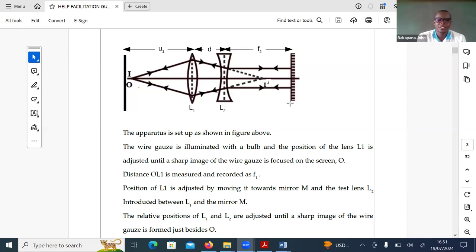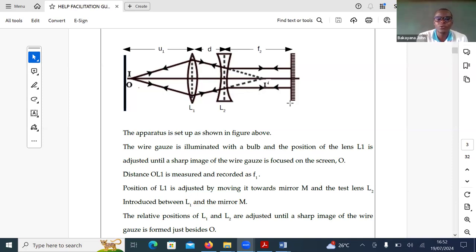So the experiment is first carried out by, first of all, you state that the apparatus is set up as shown above, and also the wire gauze is illuminated with a bulb, and the position of the lens is adjusted until the sharp image of the wire gauze is focused on the screen.